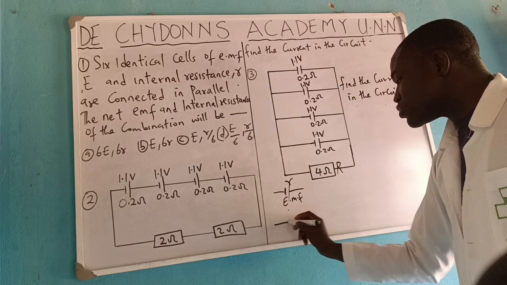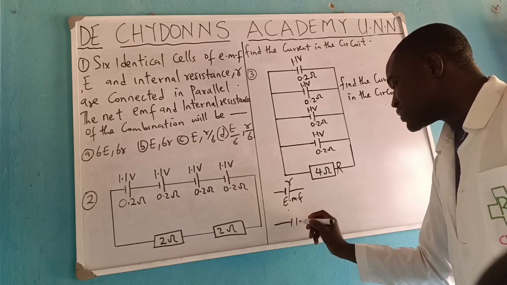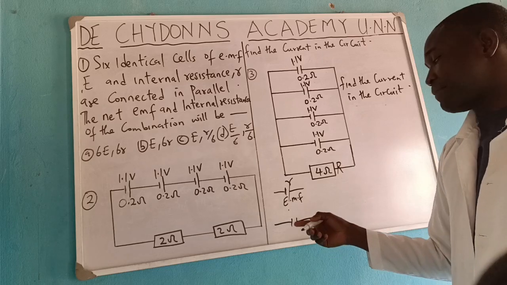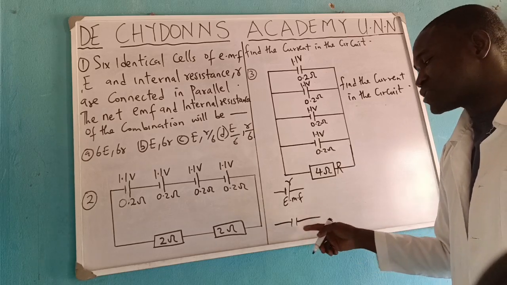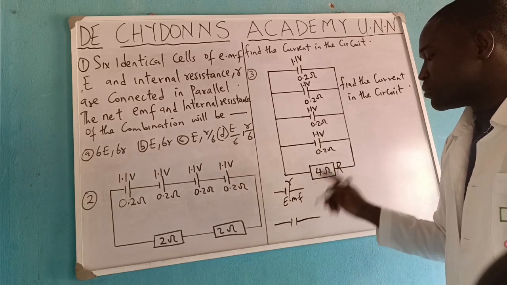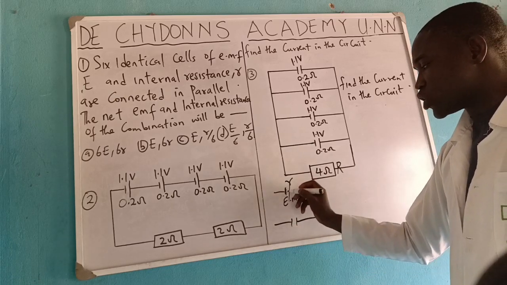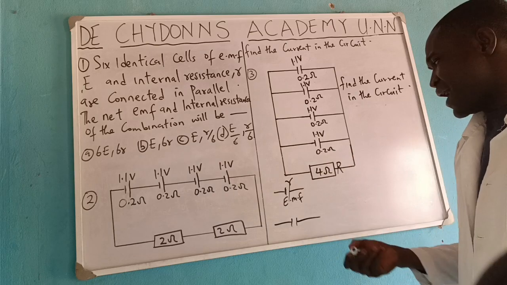But once we are talking about equal what? This is a capacitor. Like this capacitor, how we represent it, because they are of equal size. But this one, this is short and this is long. Are you getting it?